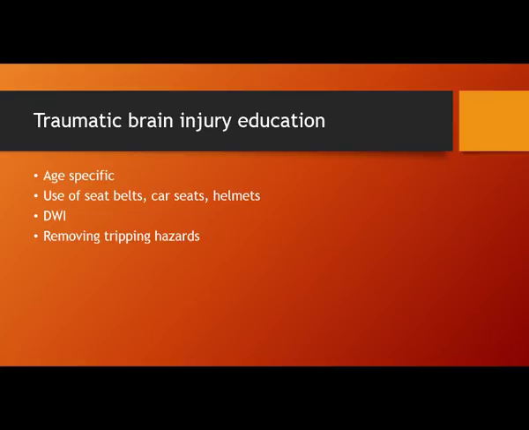Of course, you'd want to educate about the risk of driving while intoxicated, and you'd want to discuss removing hazards from the house, especially in the case of older adults, where you'd want to remove anything that might cause them to trip, and install things like handrails and things like that to help prevent falls.